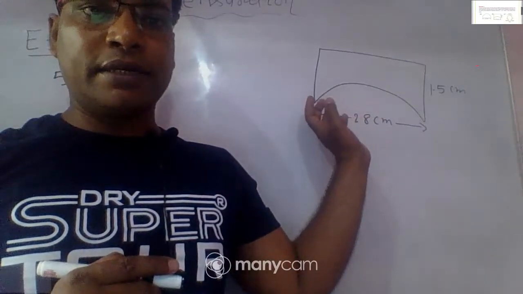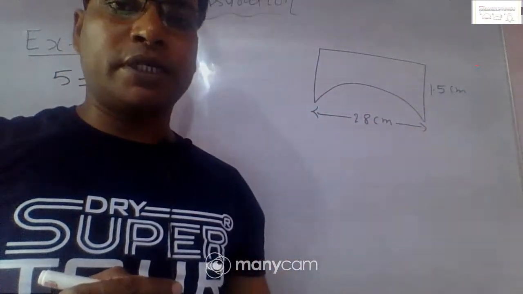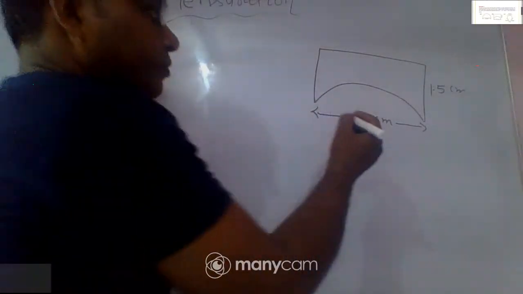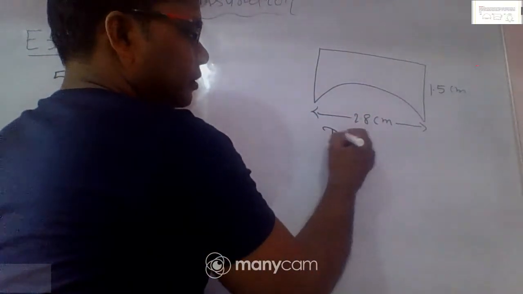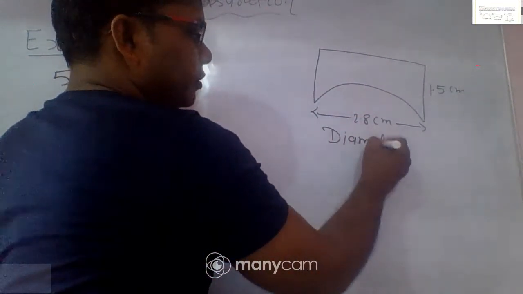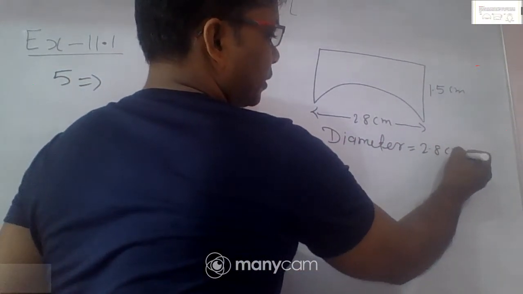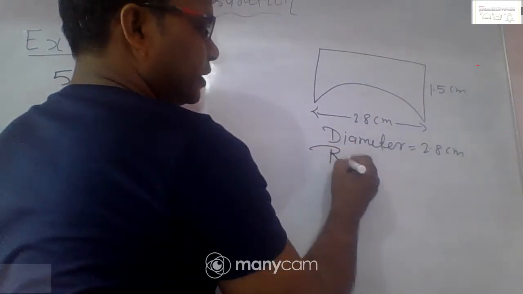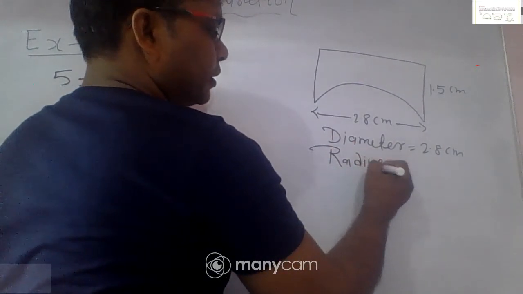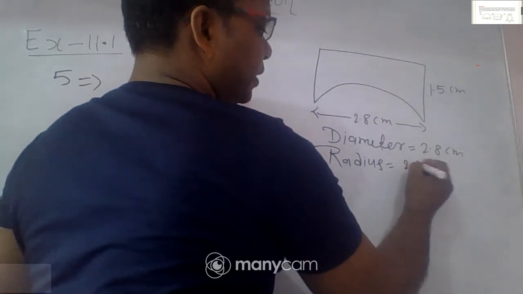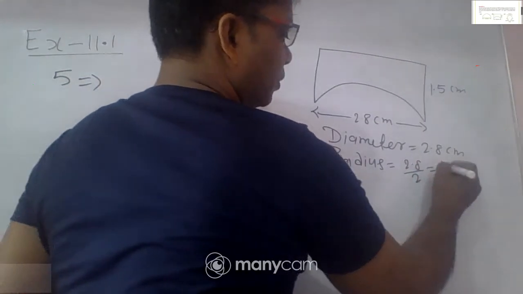You can see 1.5, and this is 2.8. And what is this? It is pi r, because this is the shape of a semicircle. Here this is the diameter, equal to 2.8 centimeters. So what is the radius?